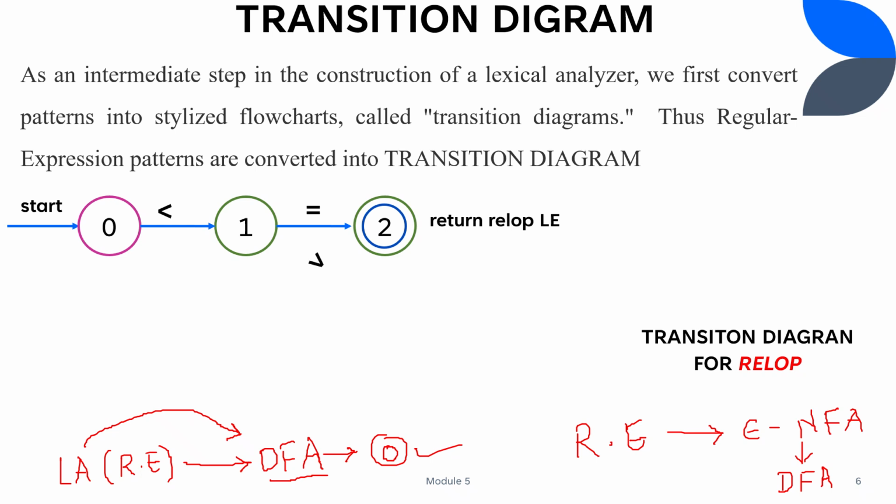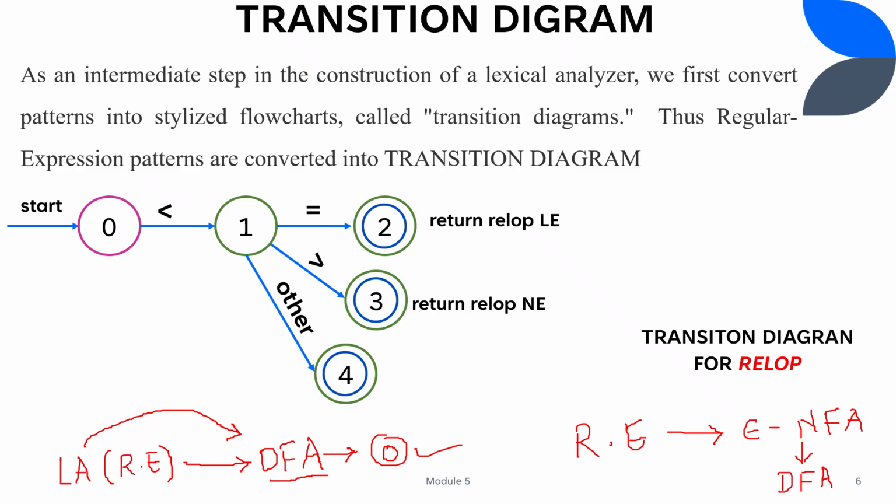But if after the less than sign a greater than sign is encountered, again I will make it reach my final state, stating that the relational operator encountered is NE, which is not equal to. And after the less than sign, if I encounter any other character, I still reach my final state, but now the relational operator identified is the less than sign.